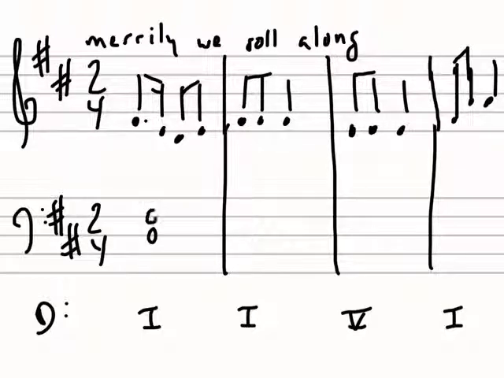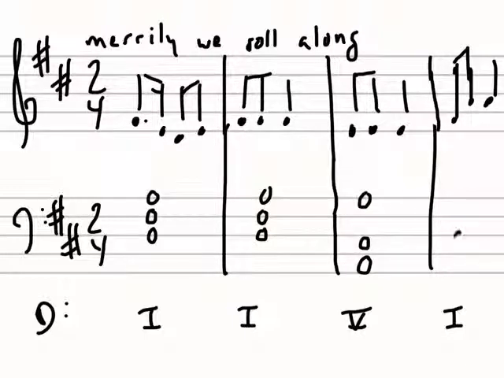So if I were to do these in block chords, and I want to be careful here not to write parallel fifths, there, we repeat this. Now when we go to the 5, I want to be careful not to write parallel fifths.